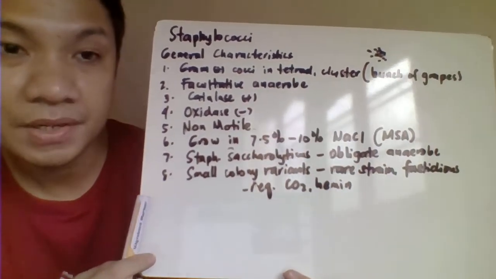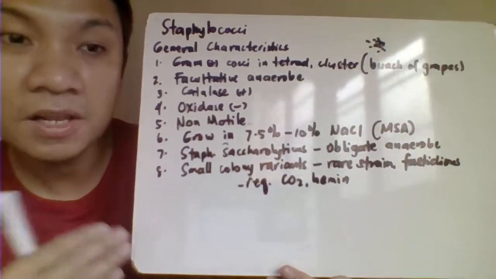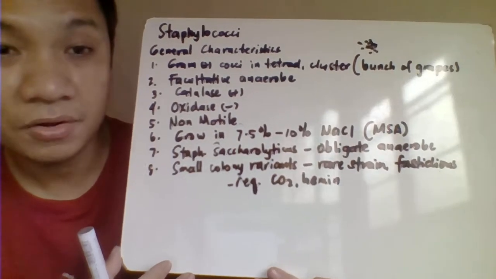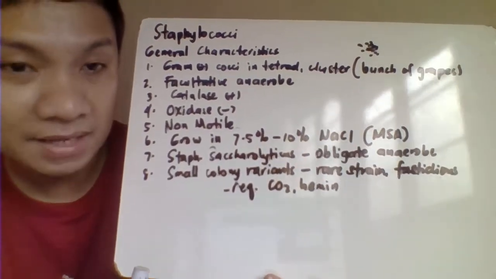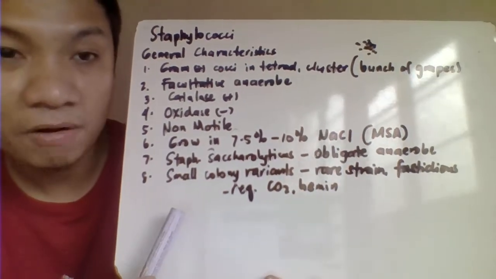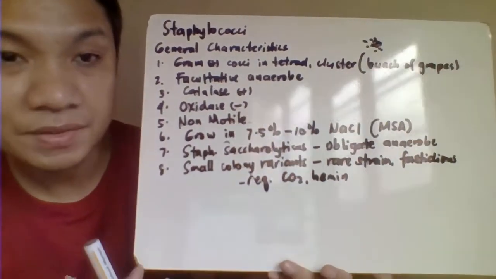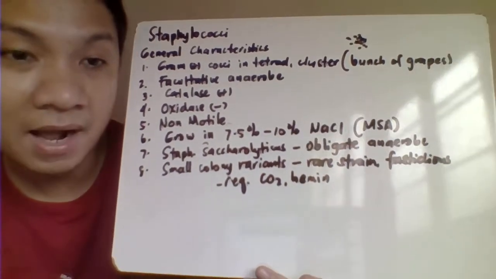Another one we have is the small colony variant of Staphylococcus. It's a rare species of Staphylococcus wherein it would have a very small colony size, which is why it's called a small colony variant. And this one is a fastidious species. When we say fastidious, these are the bacteria that are picky.